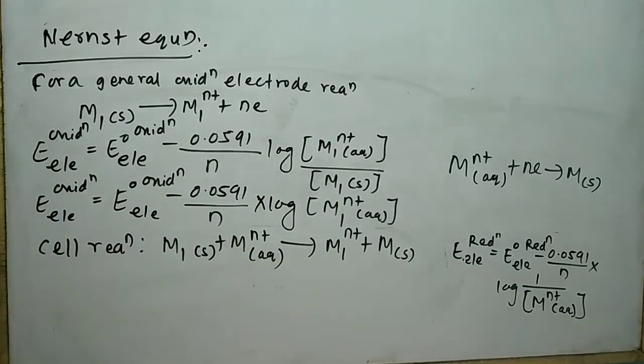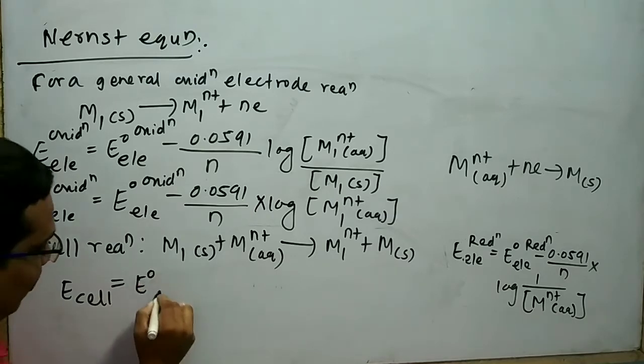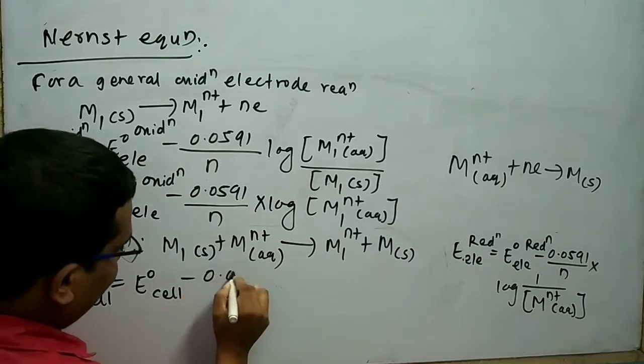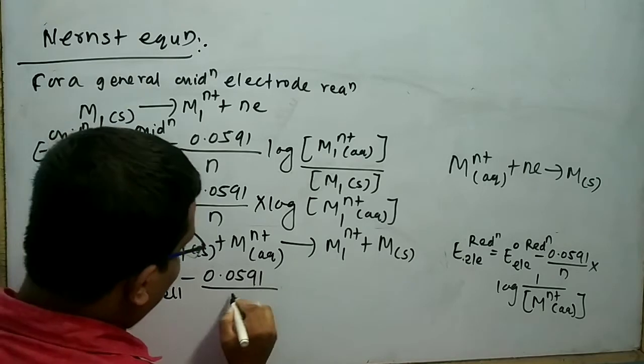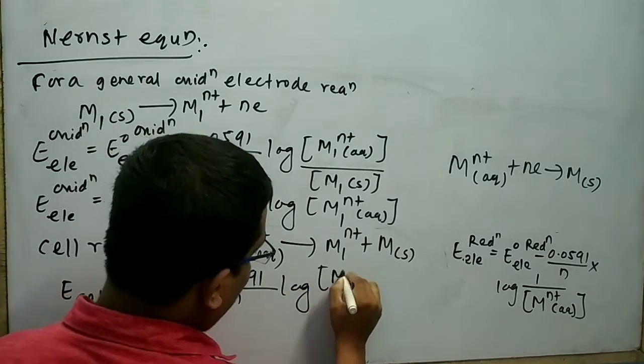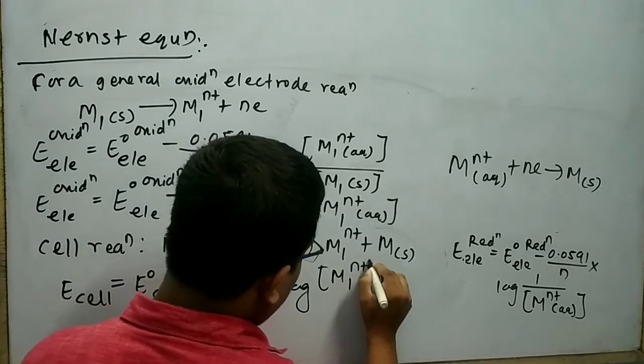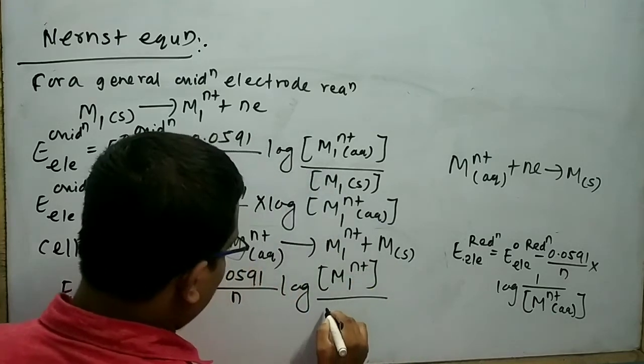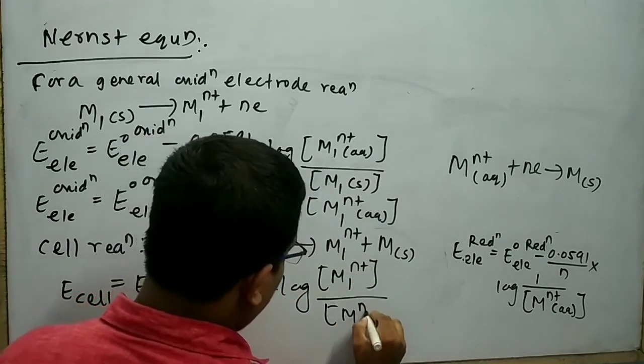For this reaction, I can write the Nernst equation. The Nernst equation is your E cell equal to E0 cell minus 0.0591 divided by n log of concentration of M1 n plus divided by concentration of M n plus.